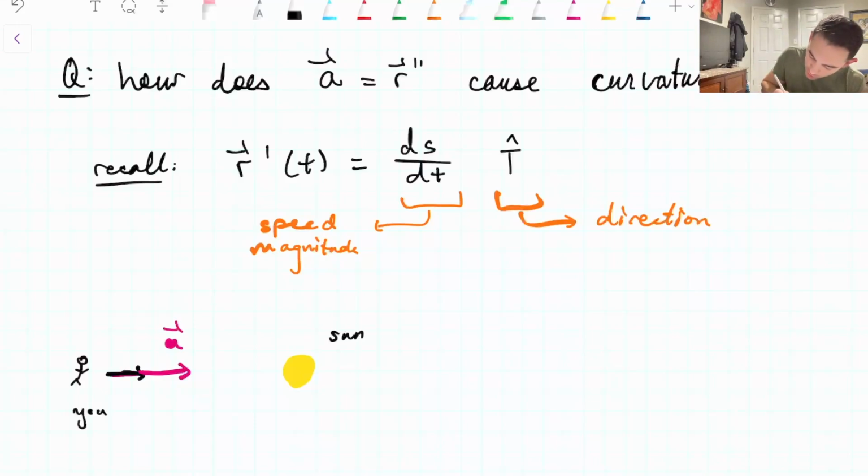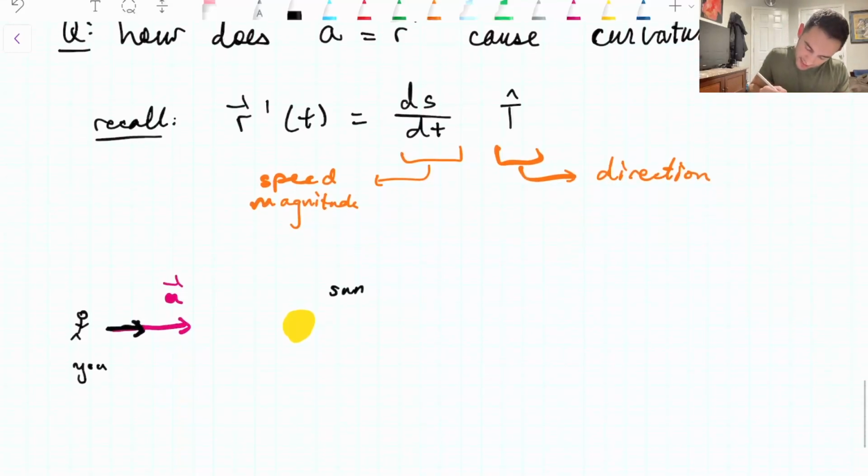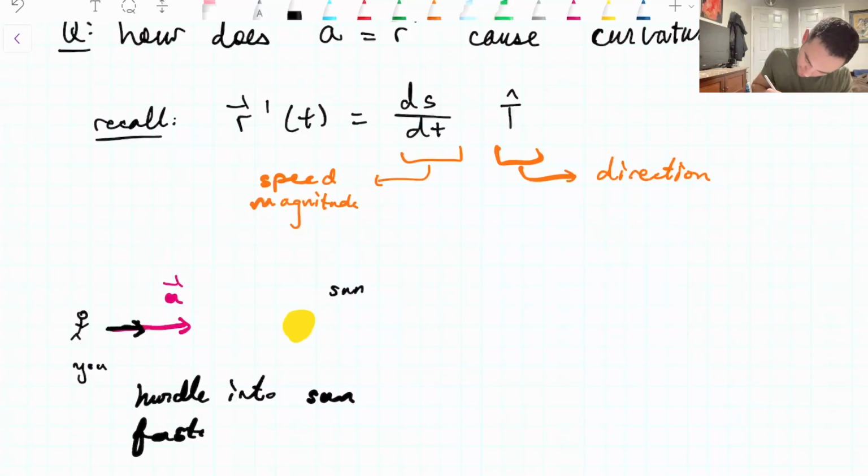And if you were already traveling in this direction, the acceleration due to gravity would only cause you to hurtle faster and faster into the sun. This got dark really quick. I'm sorry. So all that would happen in this case is that you would hurtle into the sun faster and faster.